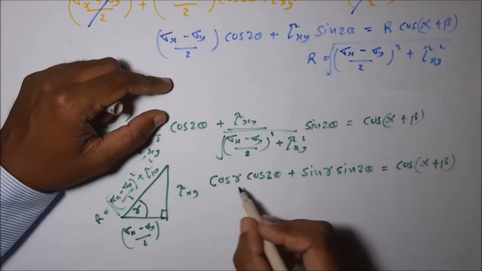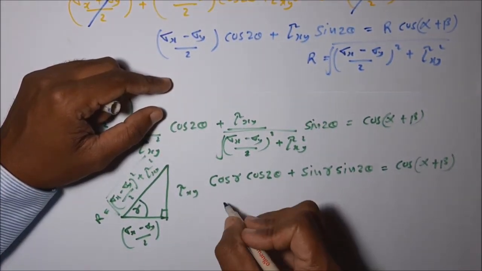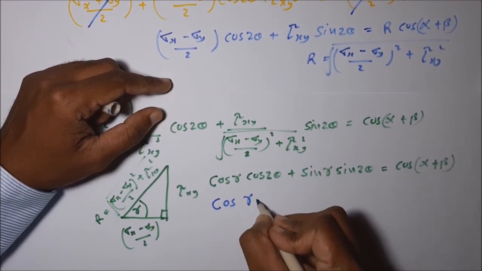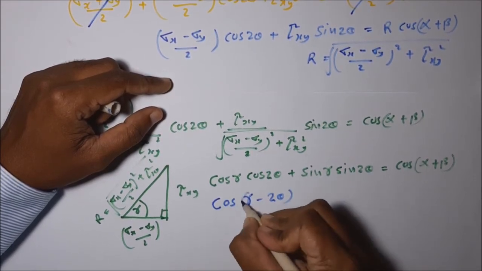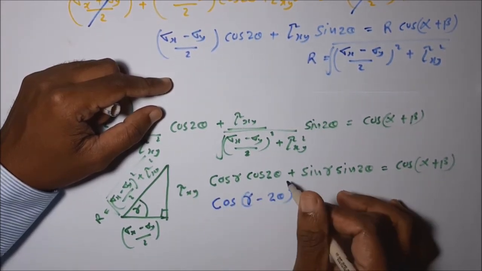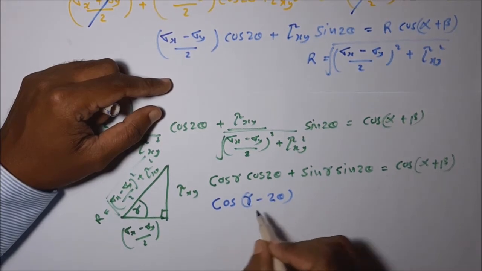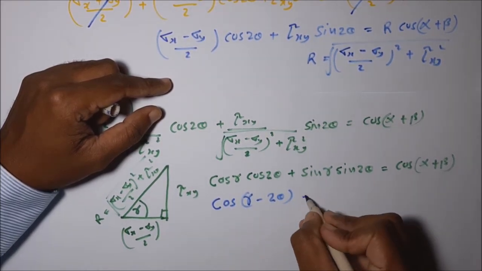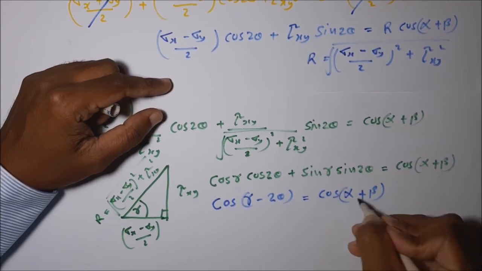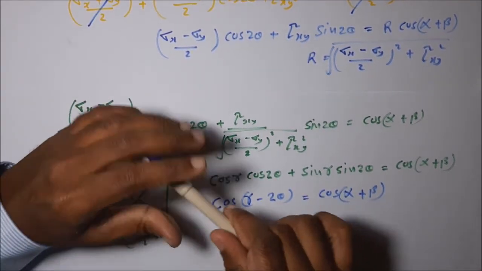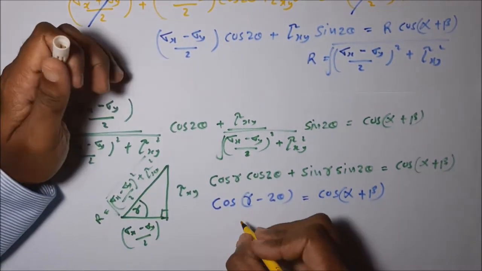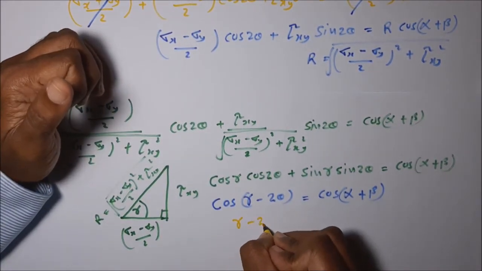How to add these two angles? Cos a minus b is equal to cos a cos b plus sin a sin b. Like that, cos gamma minus 2 theta is equal to cos alpha plus beta. In that way we can write.